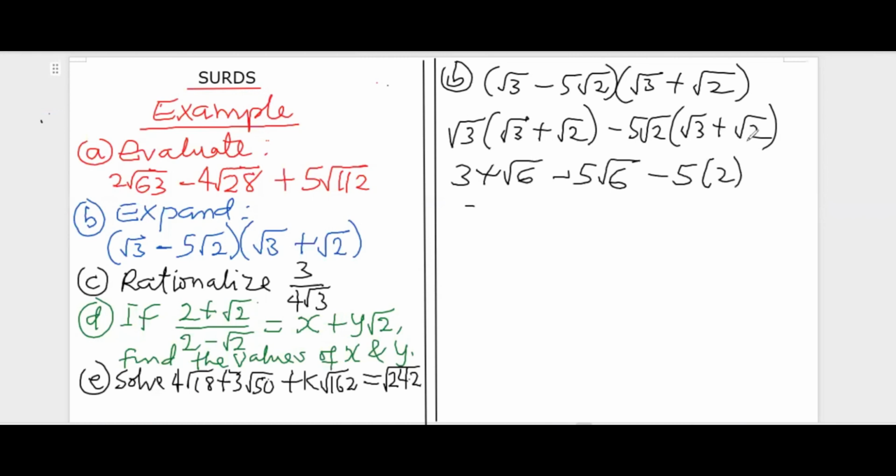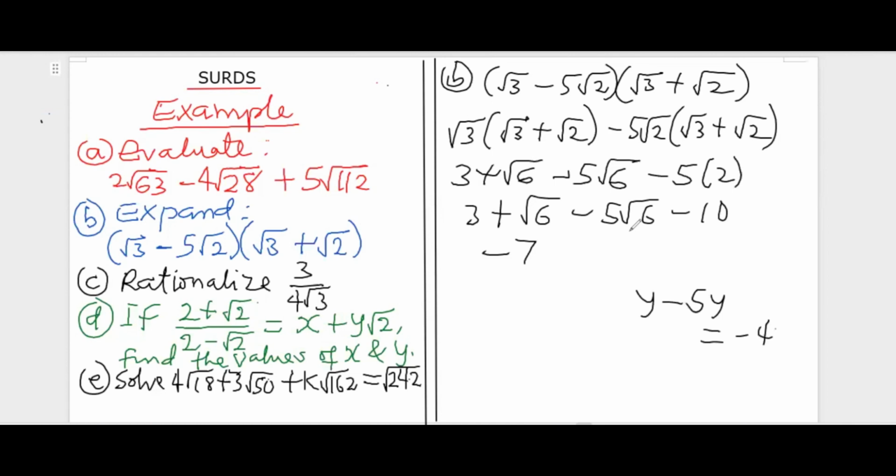And here we have 3 plus root 6 minus 5 root 6 minus 10. So we can collect like terms and simplify. We have 3 minus 10, that is negative 7. Then root 6 minus 5 root 6 is like you have y minus 5y, that will be minus 4y.